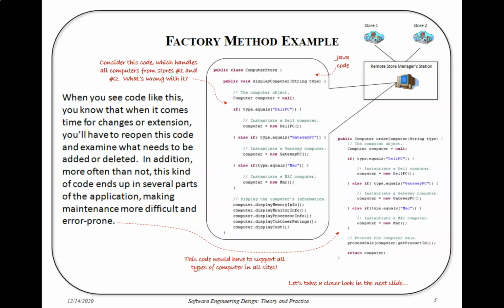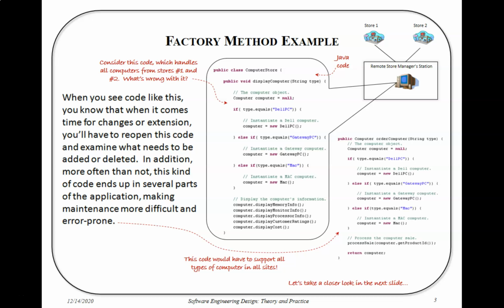So let's try to see this example. The factory method example is used to explain the concept of the factory method. In this example, we have a remote store manager station. We have store 1, store 2, for example, and then we have different types of computer.